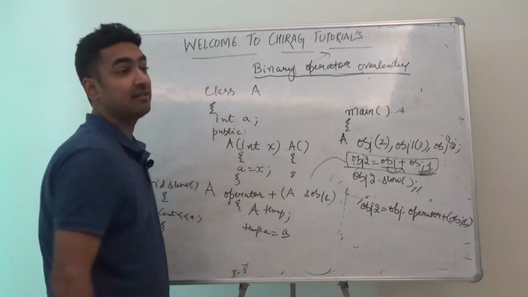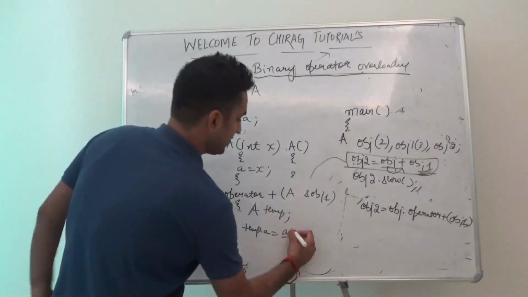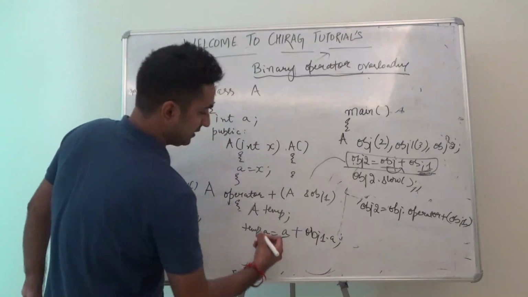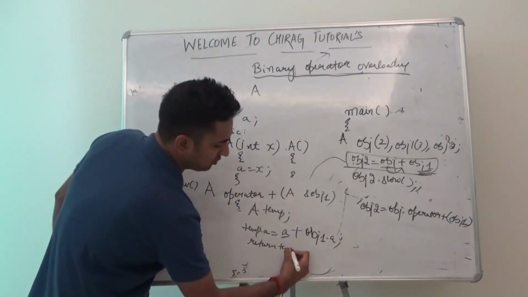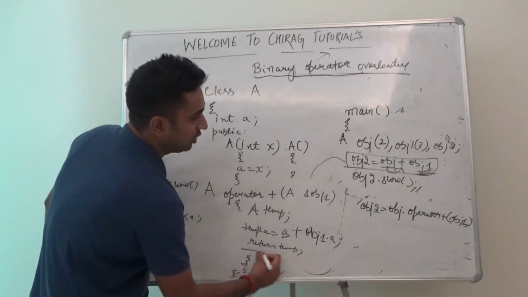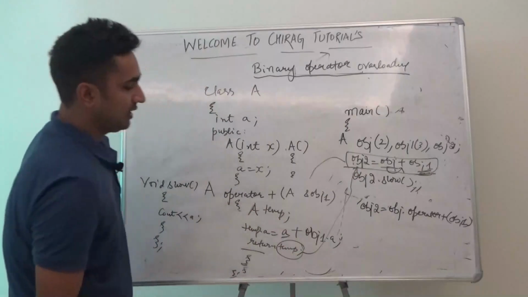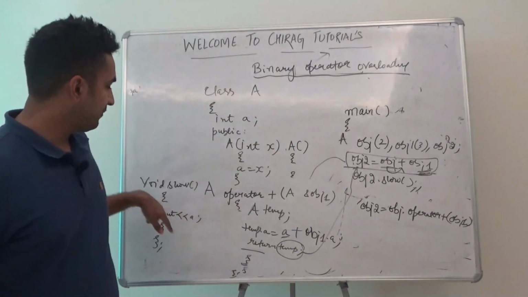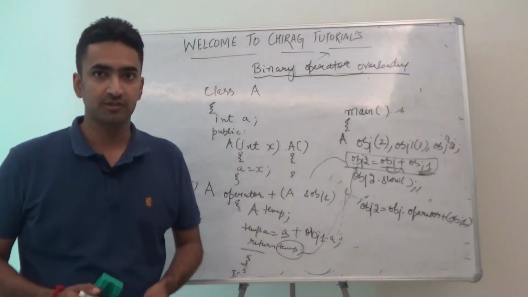This a means the value of a data variable for obj, right? Plus obj1 dot a, then I just have to return temp. The temp value is returned to this obj2, and eventually that answer we can show using the show function.